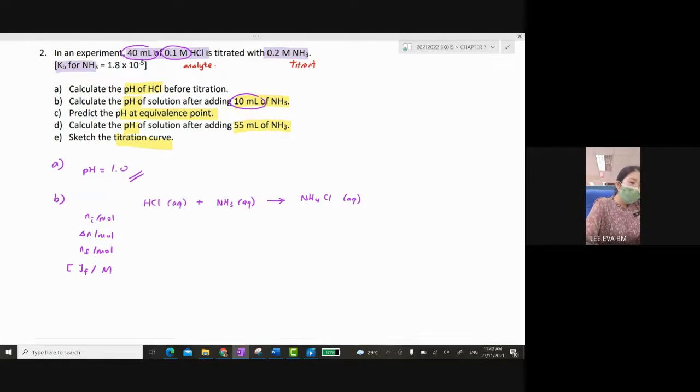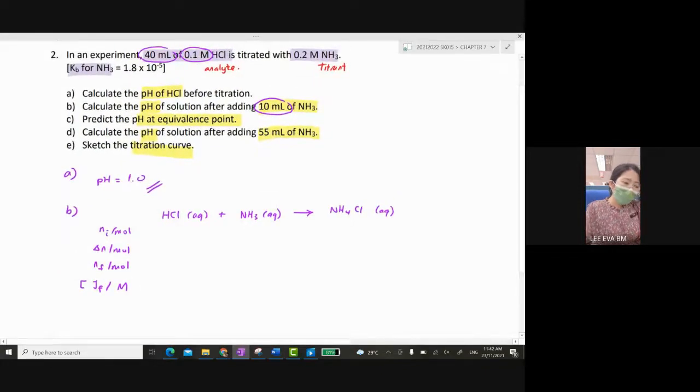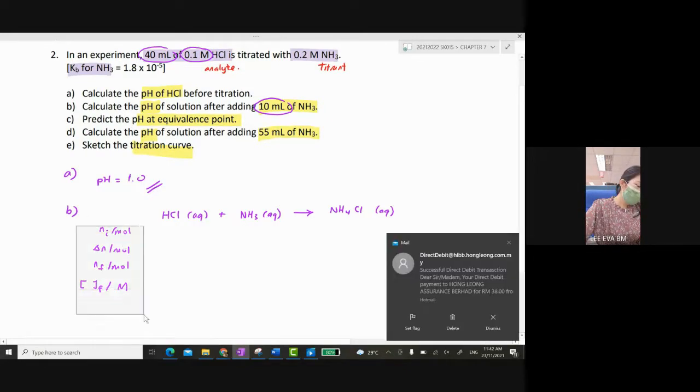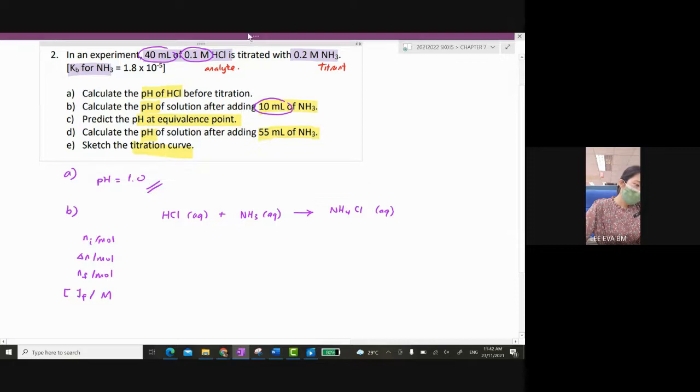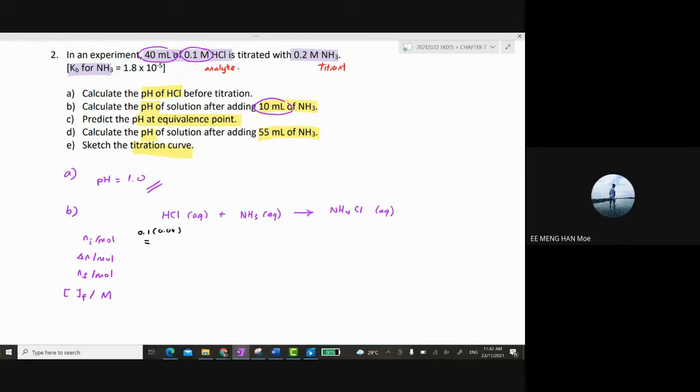So we calculate straight away into your ICE table. For HCl, what is the number of mole? 0.1 times 0.04, which gives you 0.004.